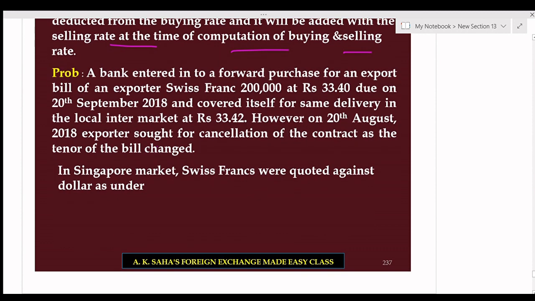A bank entered into a forward purchase for an export bill of an exporter, Swiss franc CHF 2 lakh, at rupees 33.40.